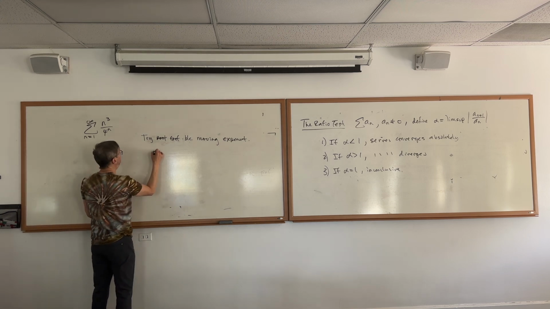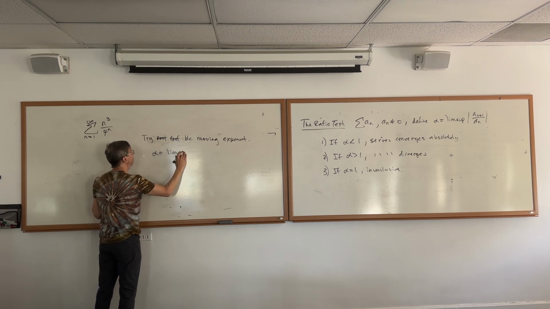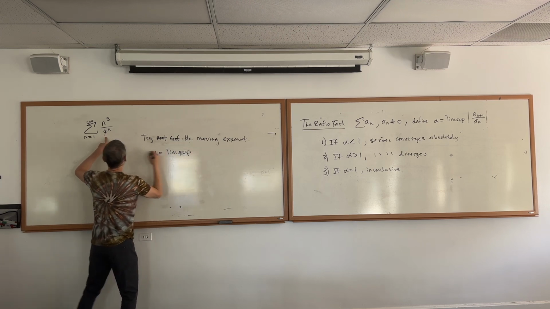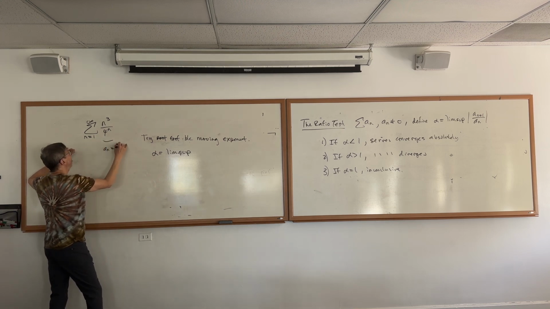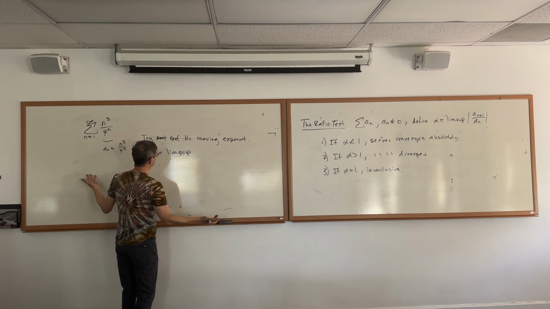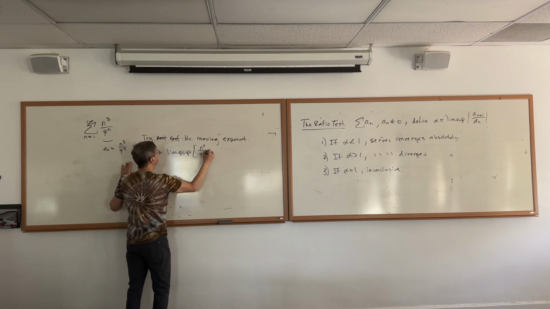So the root test says we're going to figure out what the limit superior is of, so a sub n here is this guy. Absolute value doesn't matter because everything's already positive. So I'm going to take the nth root of this.